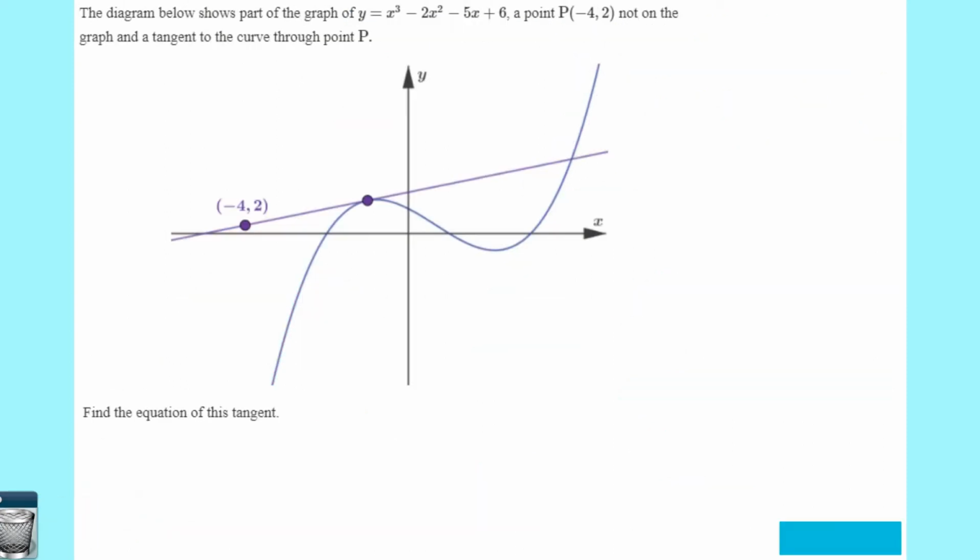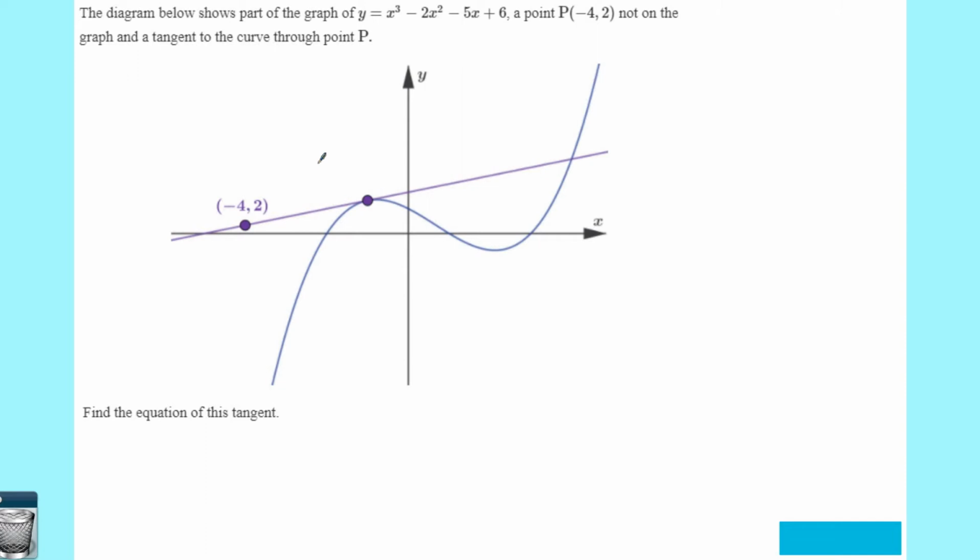All right, let's keep it going. So here we've got our graph again, and now we've got a point not on the graph, and we know it's tangent. So find the equation of this tangent. Well, we need to know what this point is. So I'm going to just call it something.